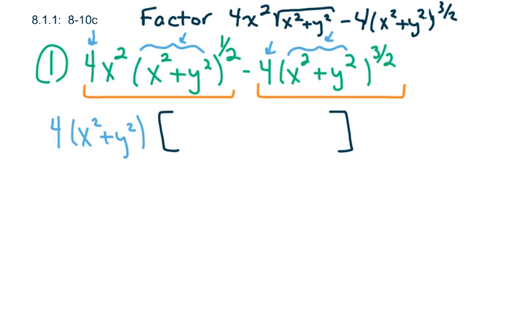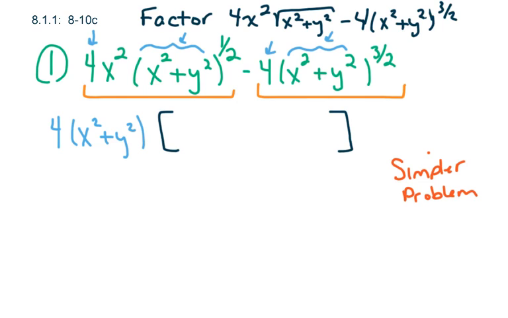All right, so I noticed that in both the first and the second half of this expression, I see a 4. And I also see the factor x squared plus y squared. So I've pulled those common factors out to the front. And now I'm ready to divide that out and put whatever's left inside those brackets.